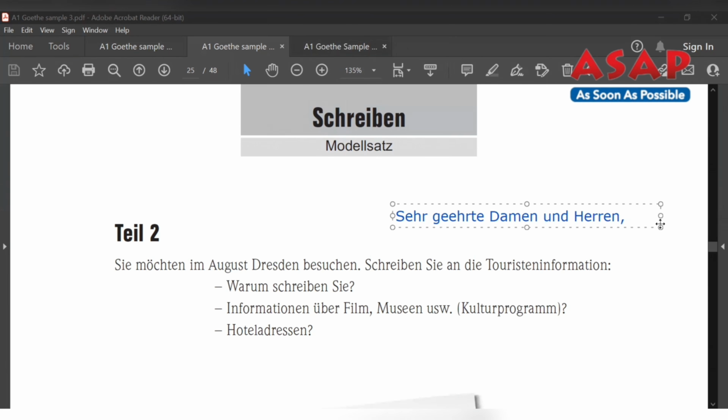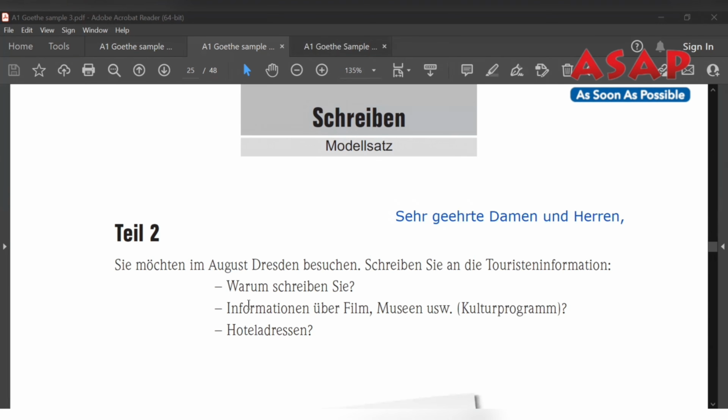Ladies and gentlemen, its meaning is the same. When you are writing an official letter and you don't know the name of the person receiving it, you are writing to some company, some organization, then this is the best way to start: Sehr geehrte Damen und Herren. And then the remaining is the same.